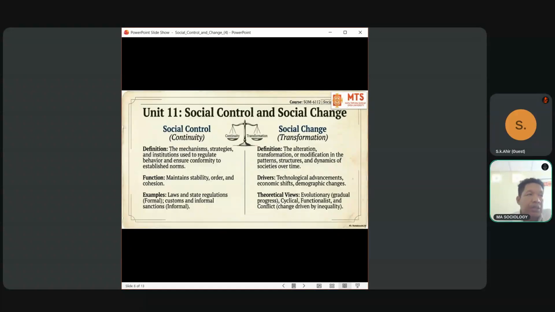So social change by evolution is slow. From tradition, a little science comes in, and after science comes in, the whole scientific method of knowledge building takes place, that is known as the positive stage, right?